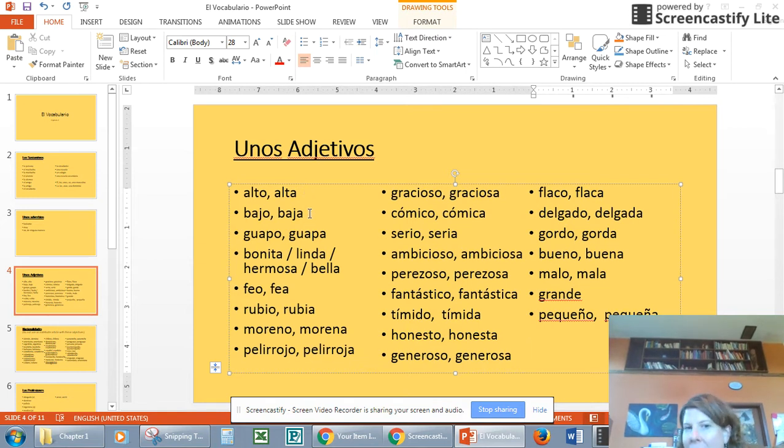Bajo, baja, that means short. Guapo, guapa, that means good looking. And that, generally speaking, can be used for a boy or a girl.